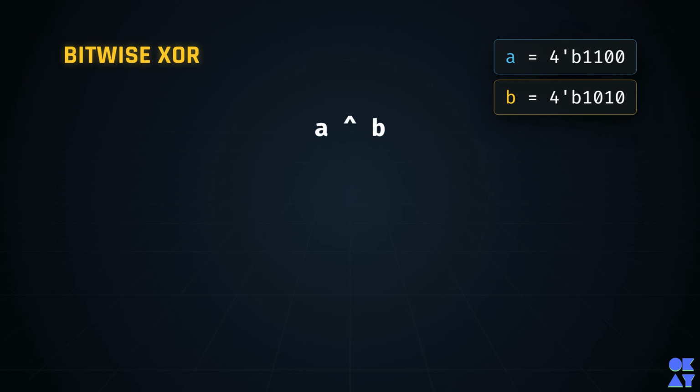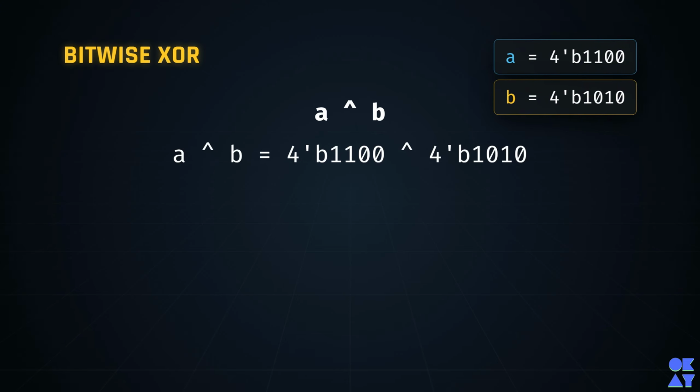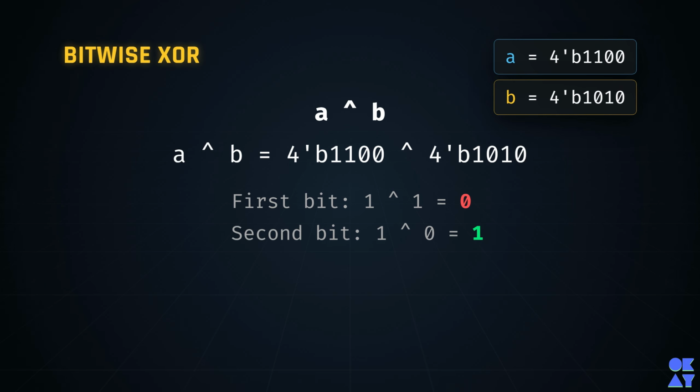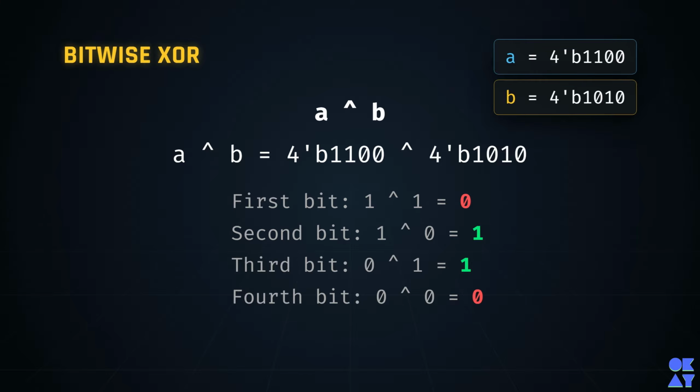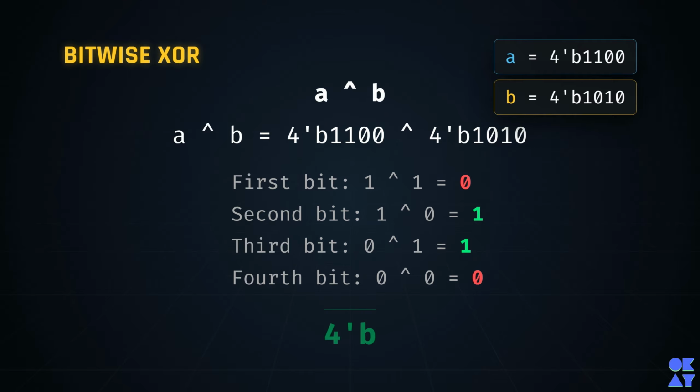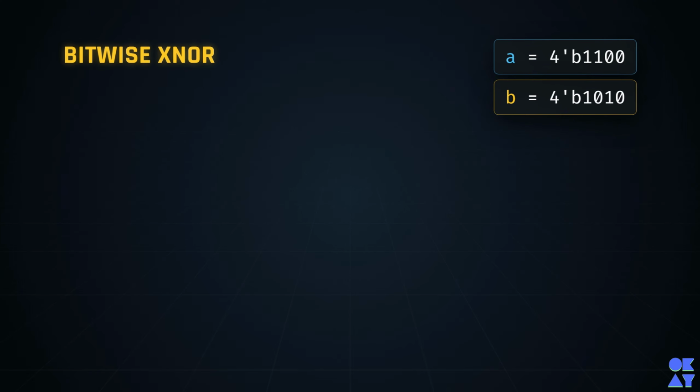Bitwise XOR. A XOR B. So, 4-bit 1100 XOR 4-bit 1010. 1 XOR 1 equals 0. 1 XOR 0 equals 1. 0 XOR 1 equals 1. 0 XOR 0 equals 0. Final result, 4-bit 0110. Bitwise XNOR.